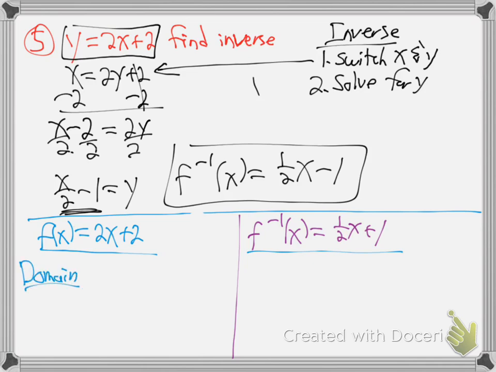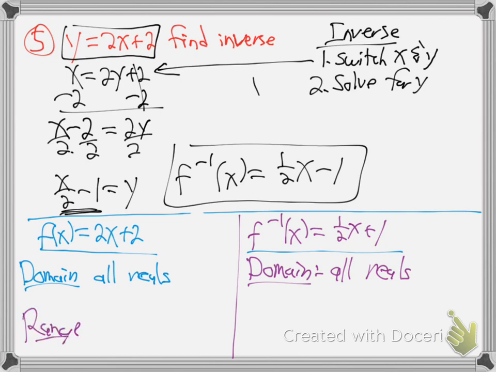So what's the domain? Well, it's going to be all reals because there's no denominators, there's no square roots. Then over here they want the domain of the inverse function. Same thing, all reals because there's no square roots, no denominators. And then they're going to ask for the range for both of these.